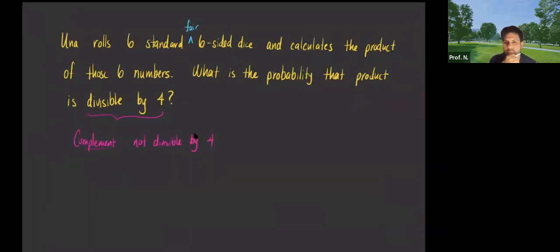Do you guys understand what I'm saying? Again, this is the product. So you have 6 numbers that you multiply, and none of them are divisible by 4. There's a remainder, yes. But what about those numbers in particular?